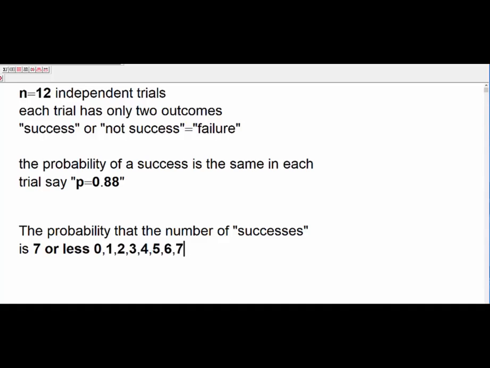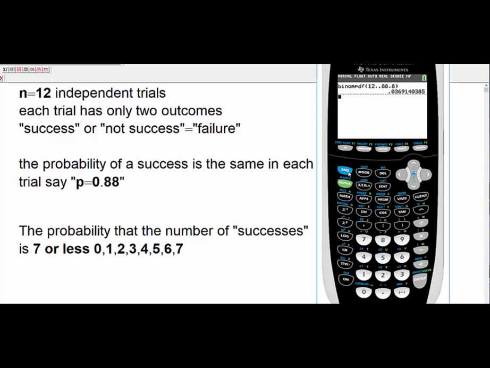So in this case, you will use the cumulative probability calculation feature. Where it says 7 or less, that includes all the outcomes from 0 through 7. So there you can use the binomial cumulative density calculation.